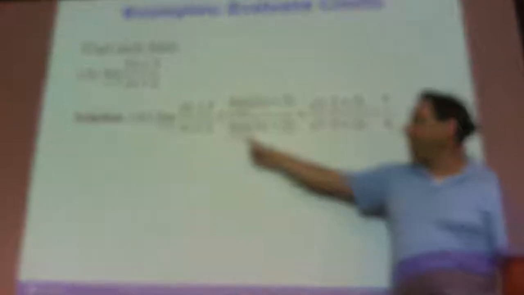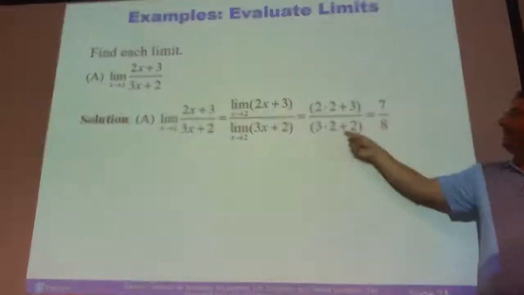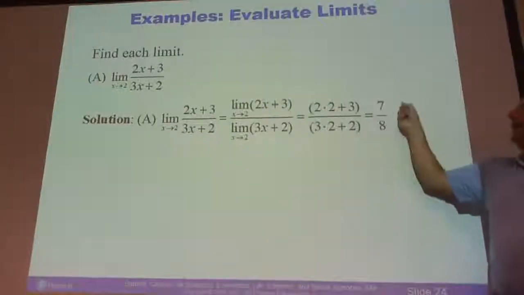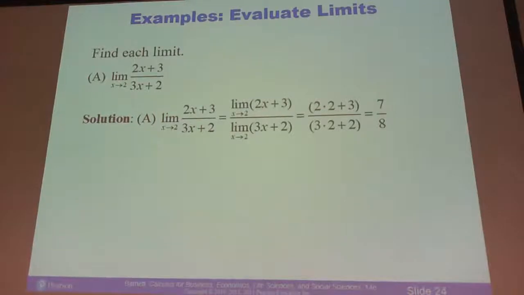We're going to take the limit as x approaches 2 of the denominator. If I plug in 2, 3 times 2 is 6. 6 plus 2 is 8. Our answer will be 7 over 8. Just a second to write that down.